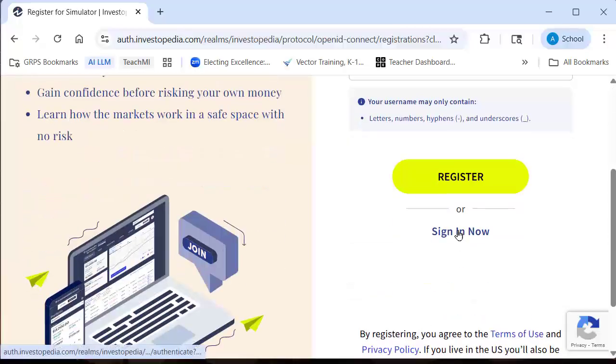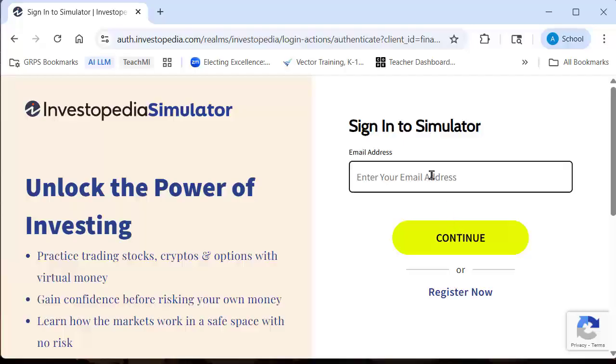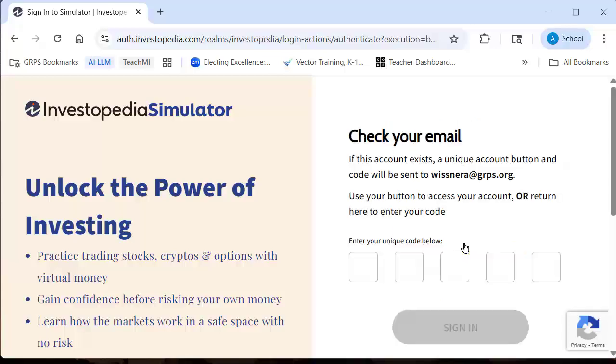I'm just going to sign in because I already created an account. And then it's going to send you an email if you've created your account, and you just need to type in the code. The code changes every time, so there's no reason for you not to be able to see what my code is this time.